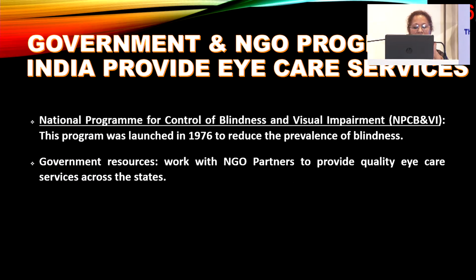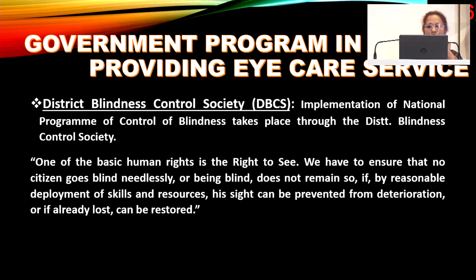Then we have the National Program for Control of Blindness and Visual Impairment. Government resources work with NGO partners to provide quality eye care services. Government programs in Punjab which provide eye care services include the District Blindness Control Society. Implementation of the National Program for Control of Blindness takes place through this District Blindness Control Society.